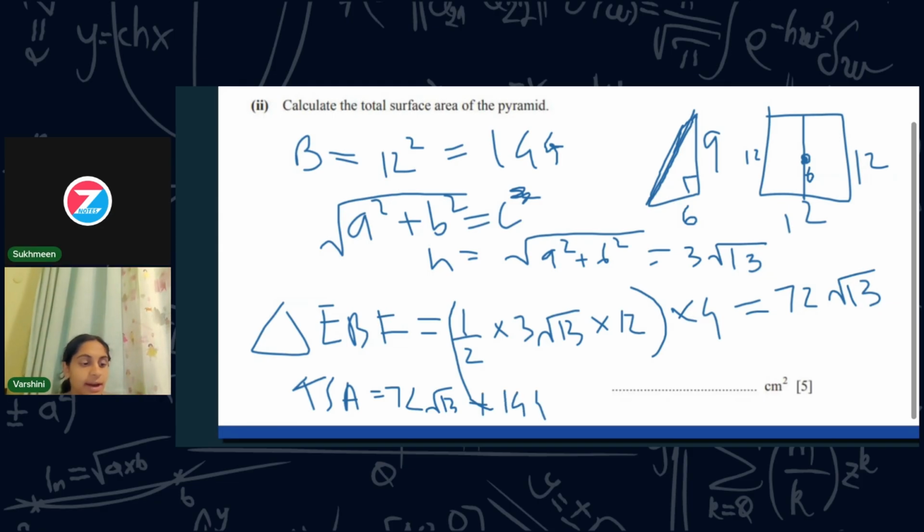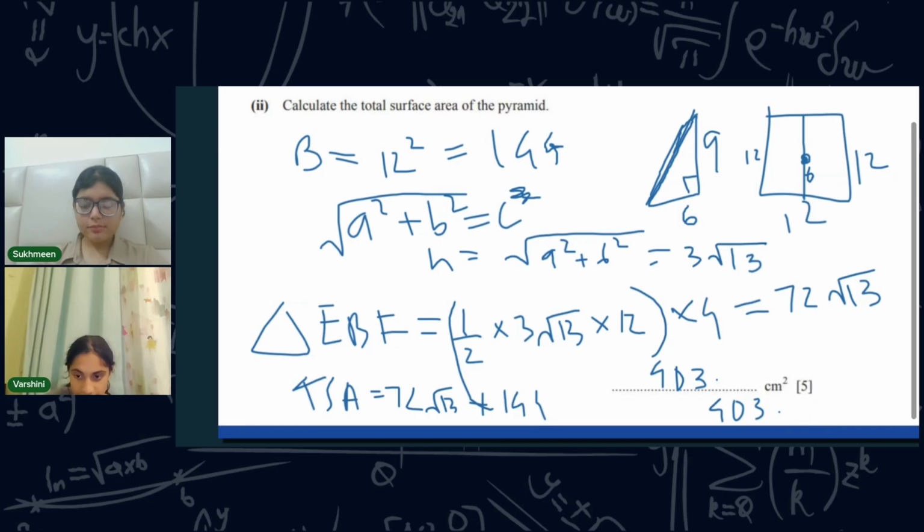Again, just put that directly in your calculator, and you should get 403.59. But remember, we need to round this off to three significant figures. If you round this off, it's going to round up because it's 5. So it's going to be 404. So we can take this out and make this 404 centimeters squared.